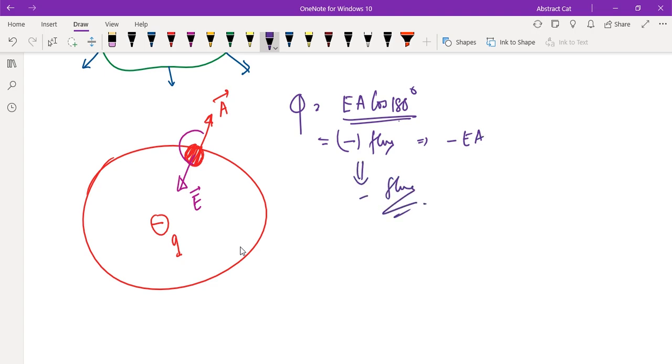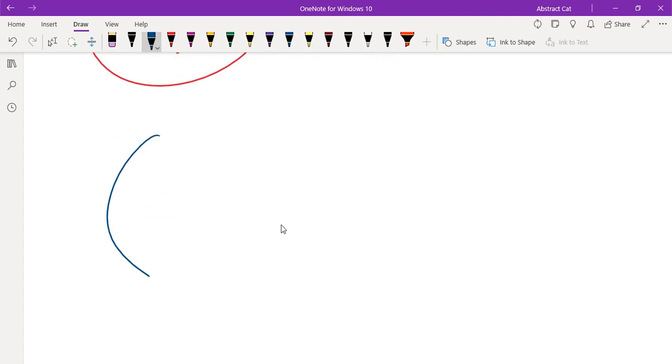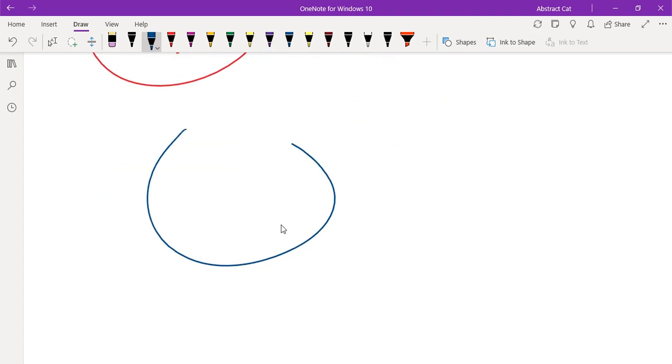And now another case, case number 3. There is a surface, and the electric charge here is a positive charge, and the electric field just touches the surface and passes through, skimming the surface actually, just touching like a tangent at that point.